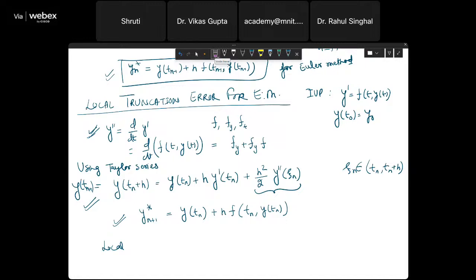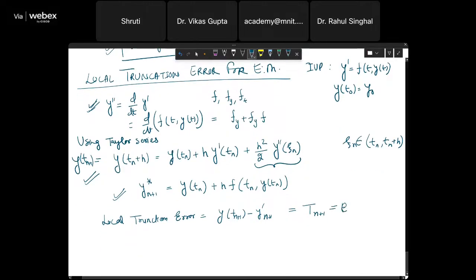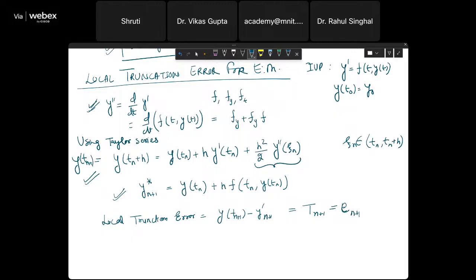Then taking the difference of it, we can write down the local truncation error as per the definition. This will be nothing but y at tn plus 1 minus yn plus 1. We can denote it by T with suffix n plus 1, or as I mentioned earlier, small e with suffix n plus 1. Whatever notation you would like to use, you can use.